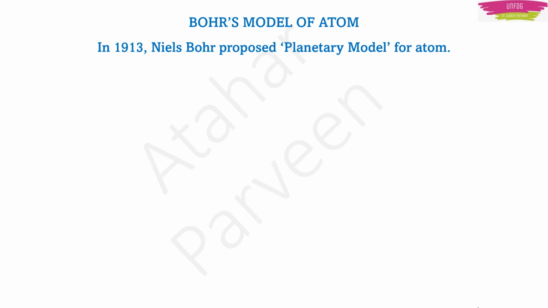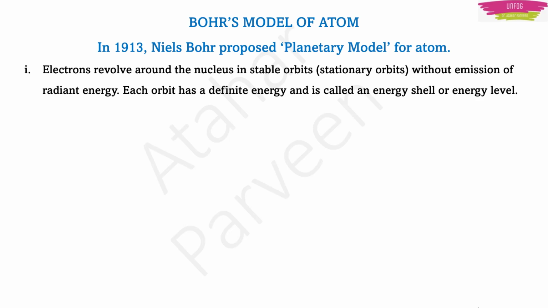Now let's talk about what Bohr's model of the atom said. Electrons are revolving around the nucleus in some stable orbits. You call these stable orbits the stationary orbits. These electrons revolve around the nucleus in stable orbits without emission of radiant energy. Each orbit has a definite energy, and this is called an energy shell or energy level.